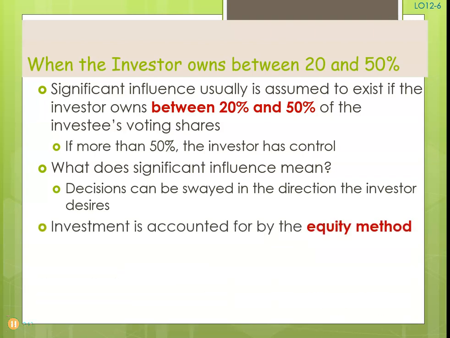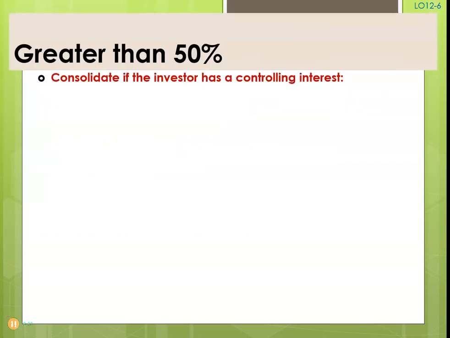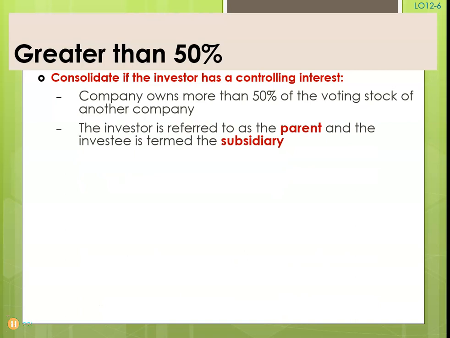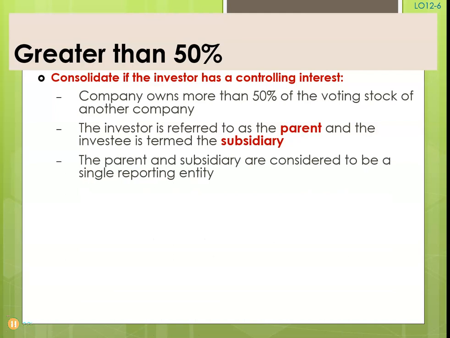And they have to use that equity method. Now, greater than 50%, we have to do consolidated financials. The person who buys the stock is the parent. The company that issued the stock is the subsidiary. They are considered a single entity for the parent, not for the sub, only for the parent.